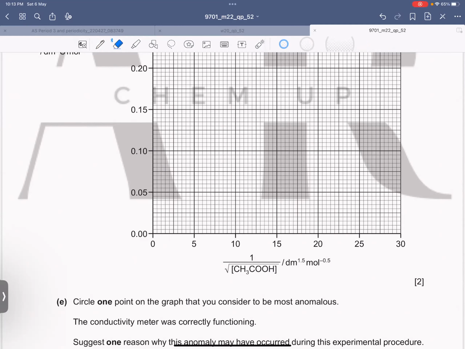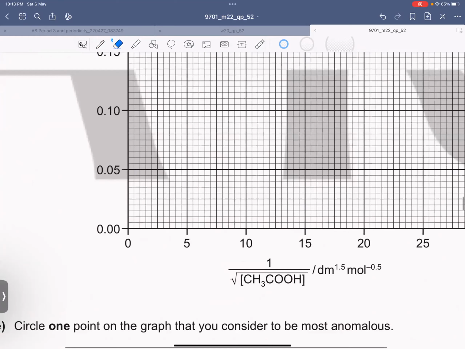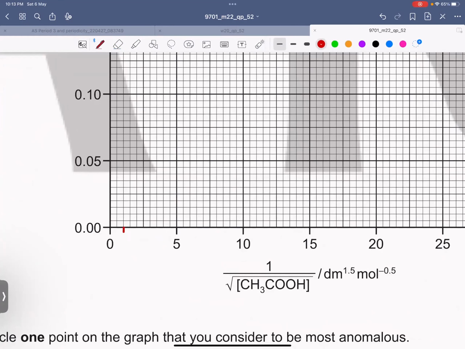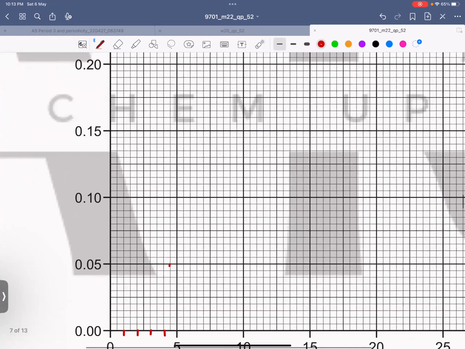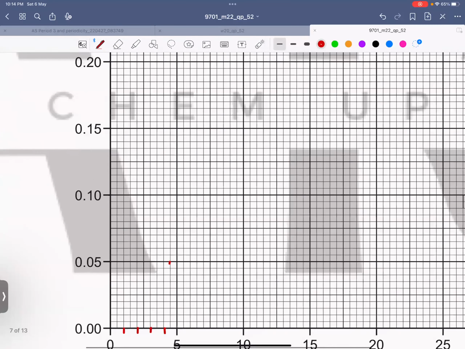Can anybody repeat the points for the first data? Is it 4.47? Yes, sir. 0.0752 and 4.47. So it would be over here.